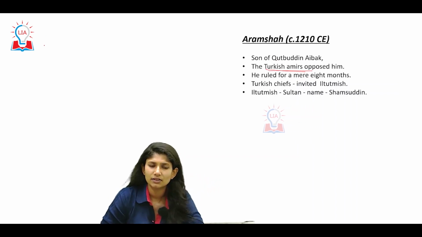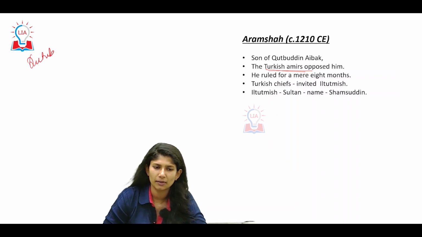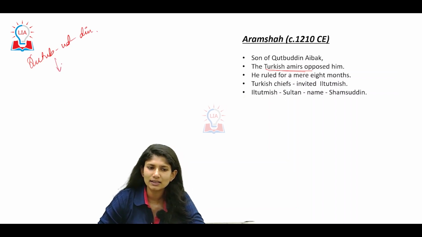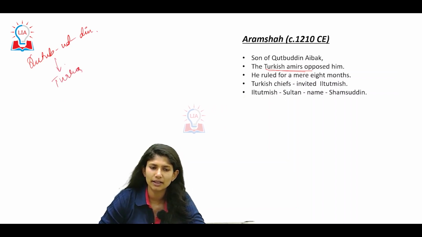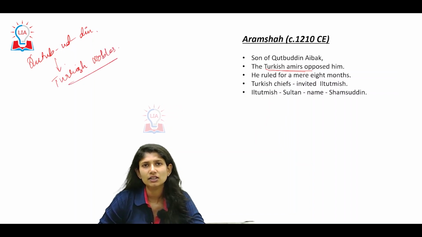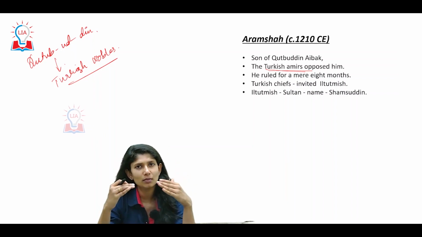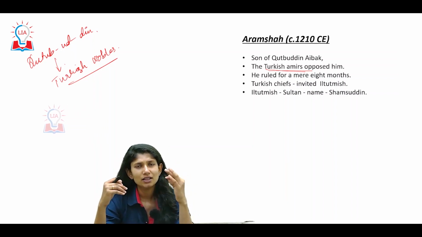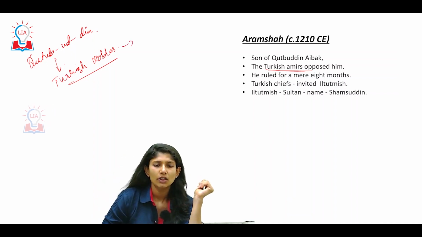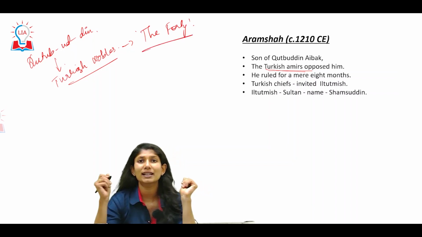See, during your Qutb-ud-din Aibak period of time, slowly the Turkish nobles started becoming stronger, that they started having a say in the matter of the administration. Further onwards, as these Turkish nobles keep on coming into the picture, they develop themselves into something called the 40. Largely we see this in the period of Iltutmish.